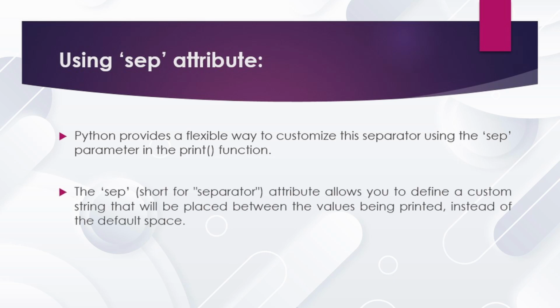The sep, which is short for separator, allows us to define a custom string that will be placed between the values being printed instead of the default space. This is especially useful when we want to format the output in a specific way, such as when we want to use commas or colons or dashes or any other characters or strings.